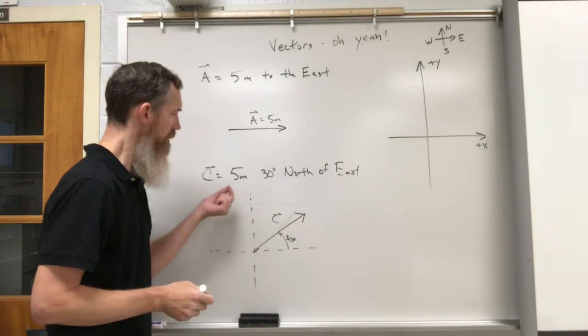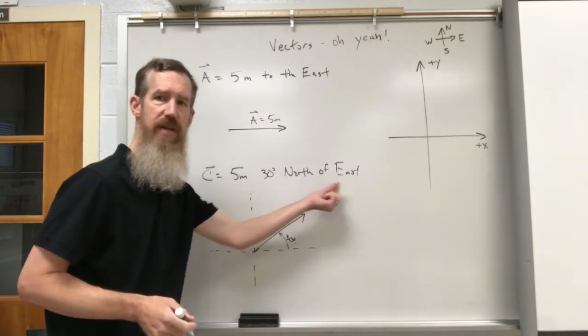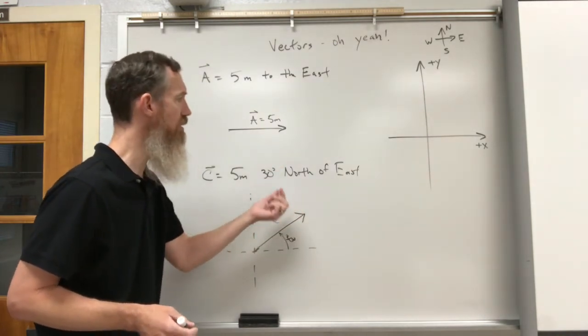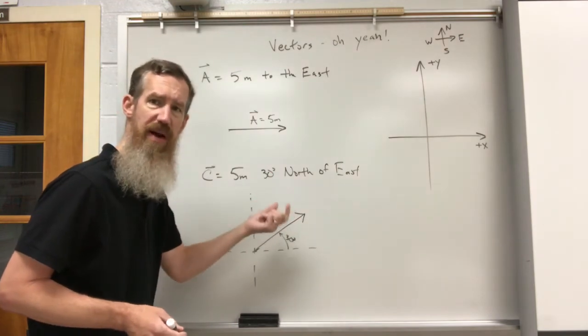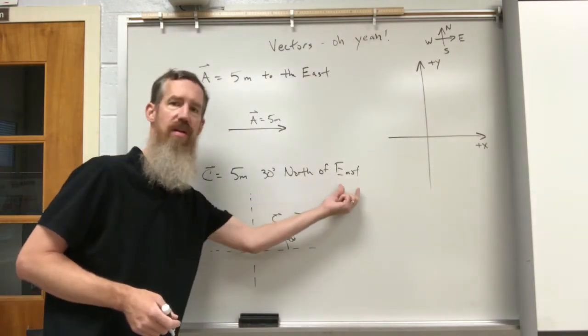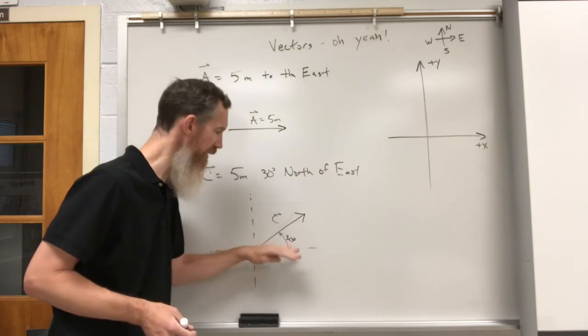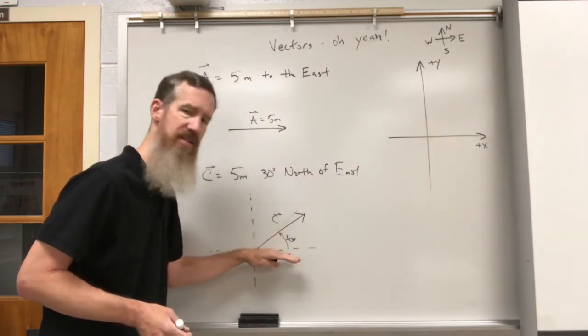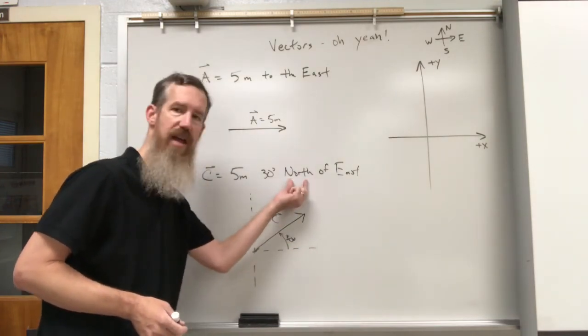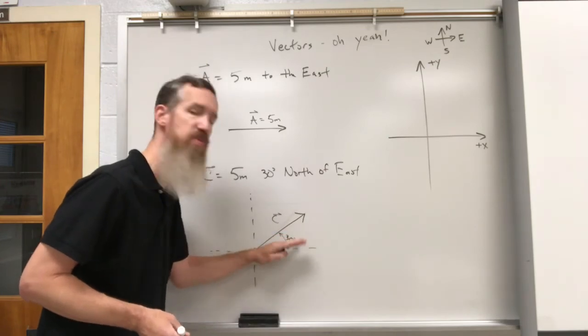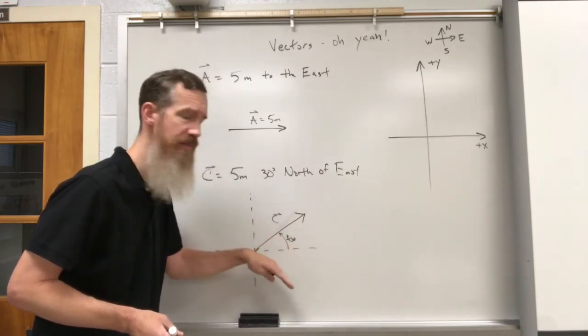Now, sometimes we don't use north of east, or sometimes you can do south of west. You can do a bunch of different variations of it, but the second indicator is typically your reference axis, and the first indicator is which direction you sweep from that axis.